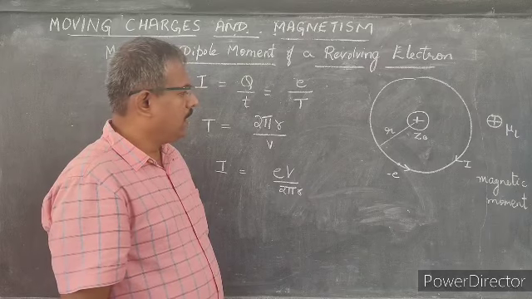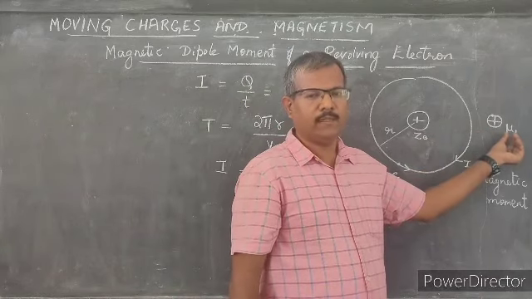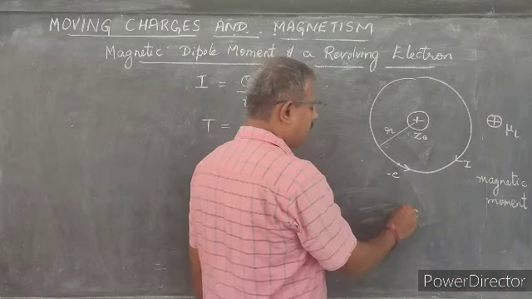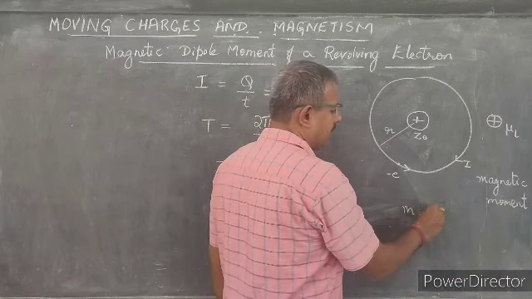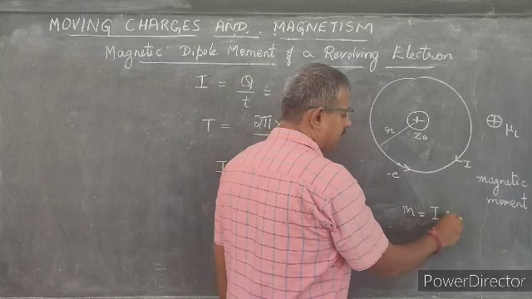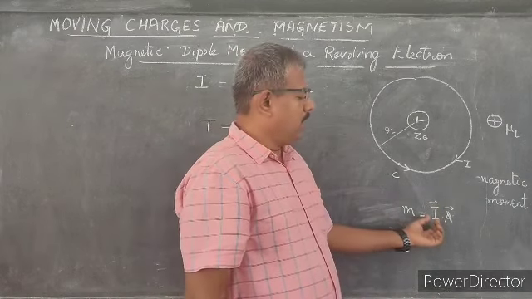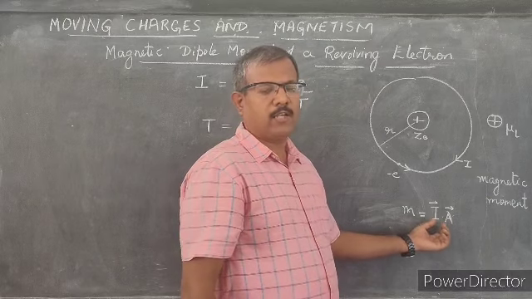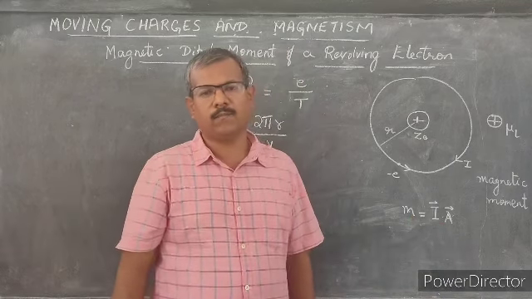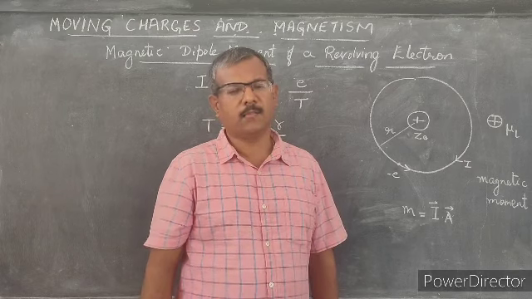Now, I have also marked in this figure something called mu L. So mu L is the magnetic moment. If you remember, magnetic moment was something that we defined as the product of the current and the area. We came across this particular definition when we were discussing the rectangular loop carrying current when placed in an external magnetic field.